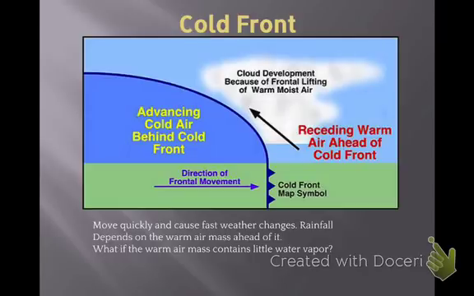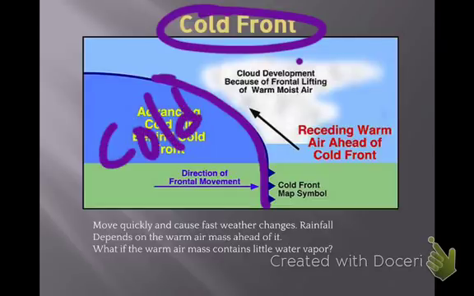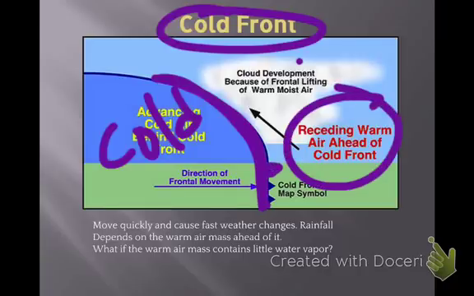Again, it's called a cold front because this cold front is at the front of a cold air mass. So this is cold air, and this is the front of the cold air mass. It is separating us from the warm air ahead of it.